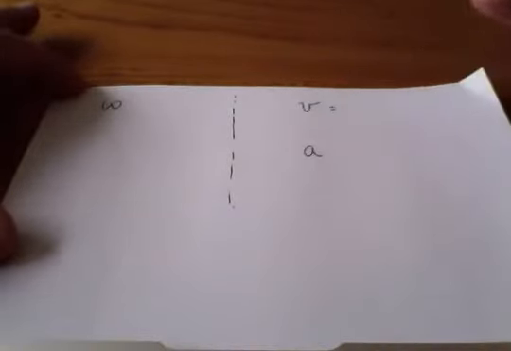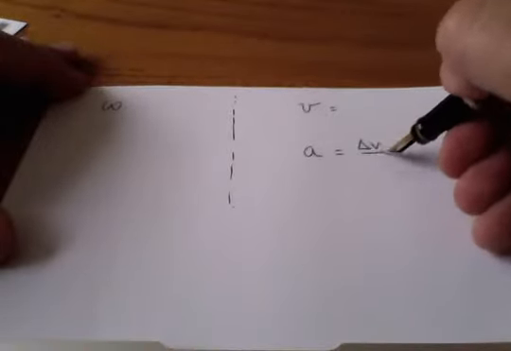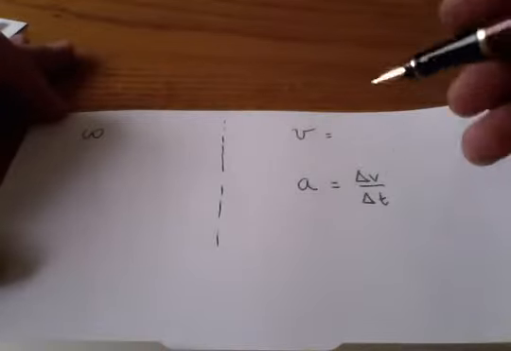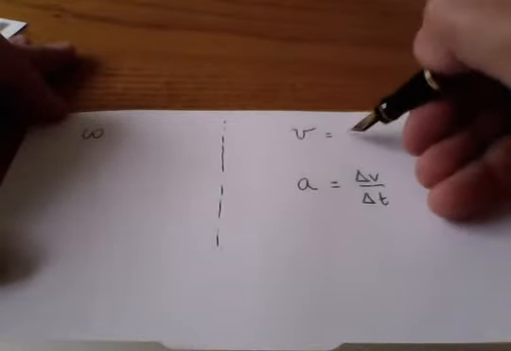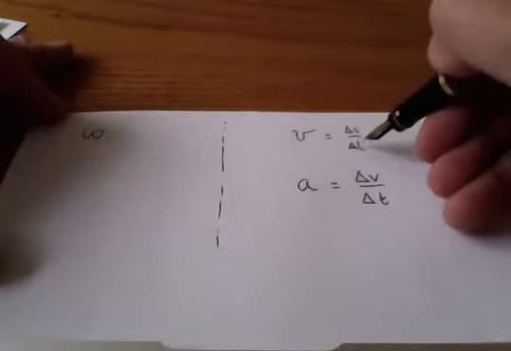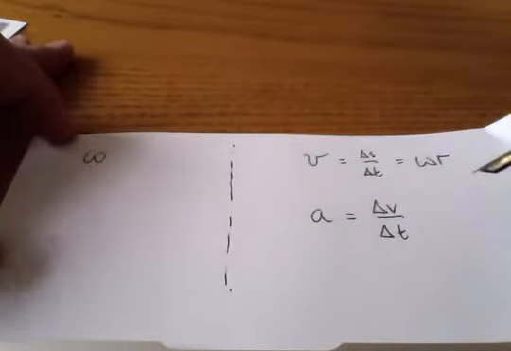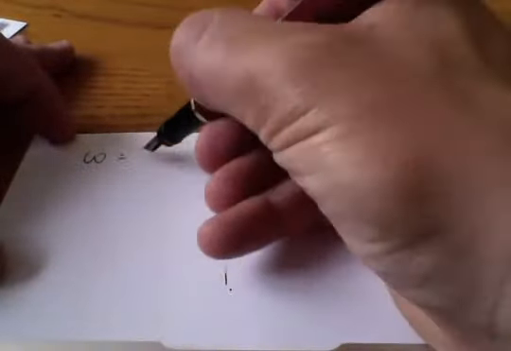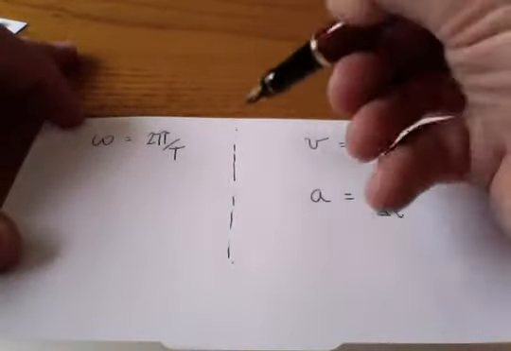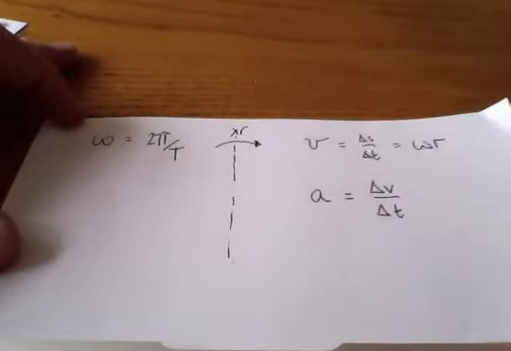Acceleration is a change in velocity divided by change in time. Velocity, of course, is equal to the change in distance divided by the change in time, which in this case gives us omega r. Omega, of course, is 2 pi over t. And any movement from one side to the other just requires a multiplication of the radius.